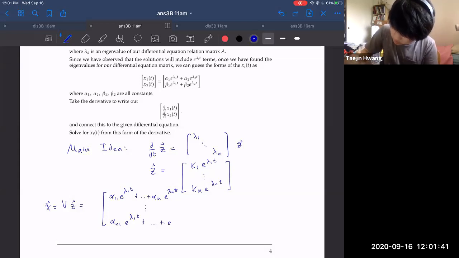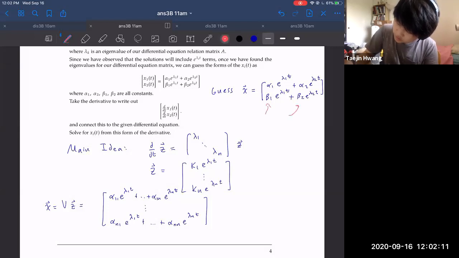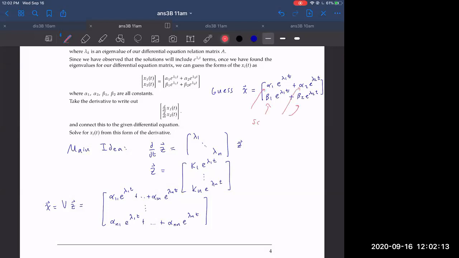So really, another way to solve these vector differential equations is to, for the 2x2 case, guess x is equal to α1 e^(λ1 t) + α2 e^(λ2 t), and so on and so forth, where all of these values are scalars that you want to solve for.